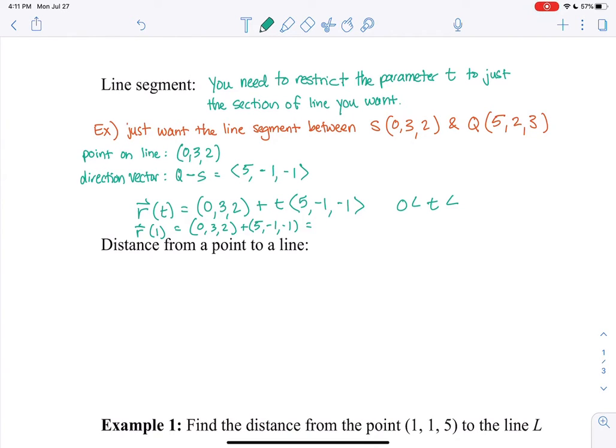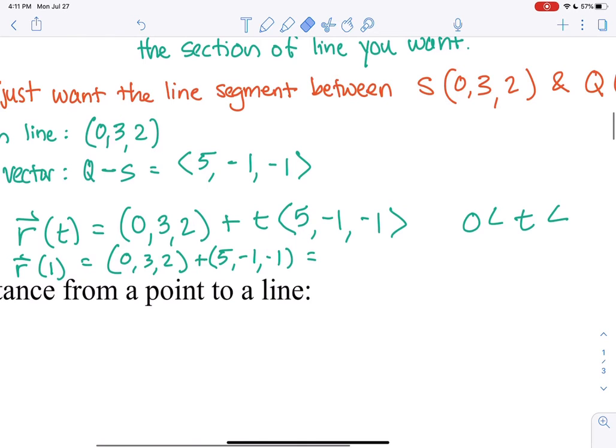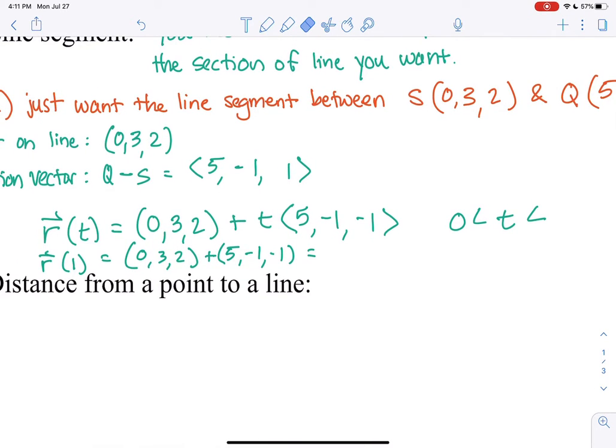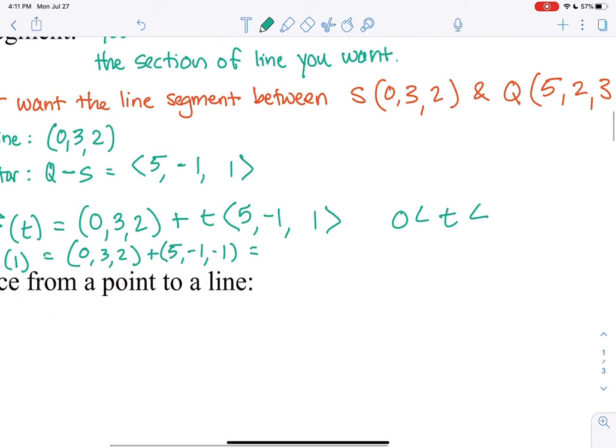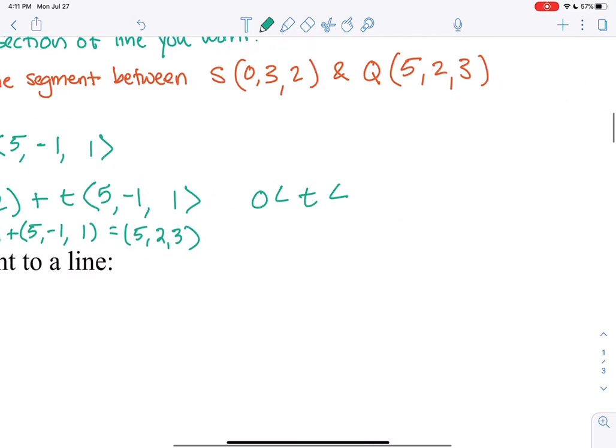Do we make a mistake here somewhere? Oh, that's right. My direction vector is wrong. 3 minus 2 is +1. That's why. So then we get +1 here, and then you'll get 5, 2, and 3. So that's 5, 2, 3. So there you go.